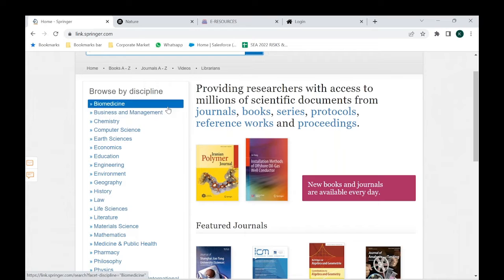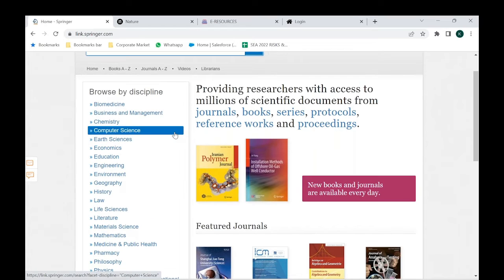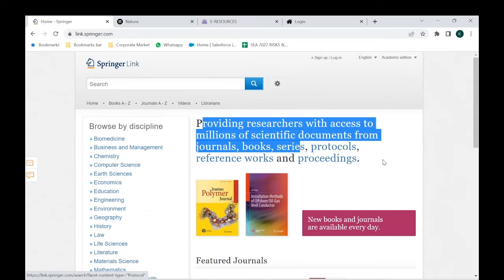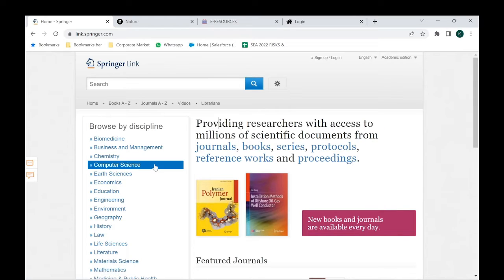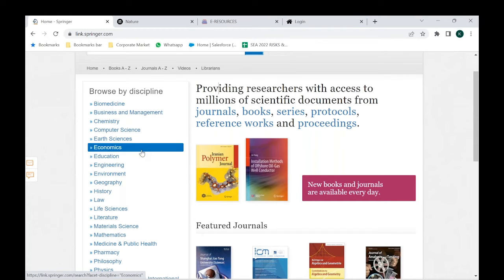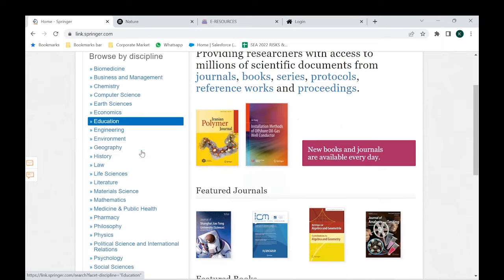The other two main sections of the platform I want to point out is this browse by discipline section, and also this browse by content type section. So for example, if you're very new to this type of platform and you just want to get an understanding or a gauge of what's available in your area of interest, you can always start by browsing based on the discipline that you're interested in.